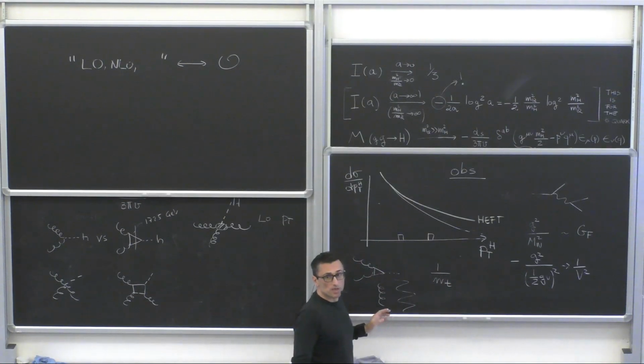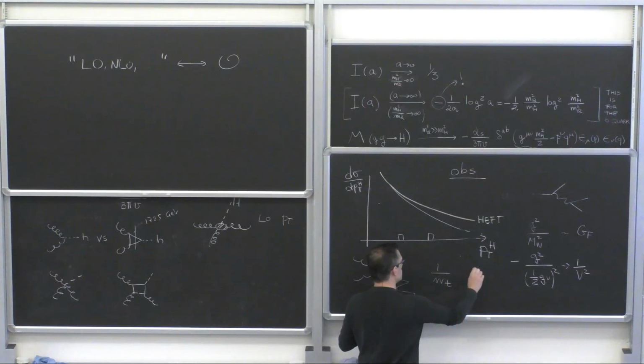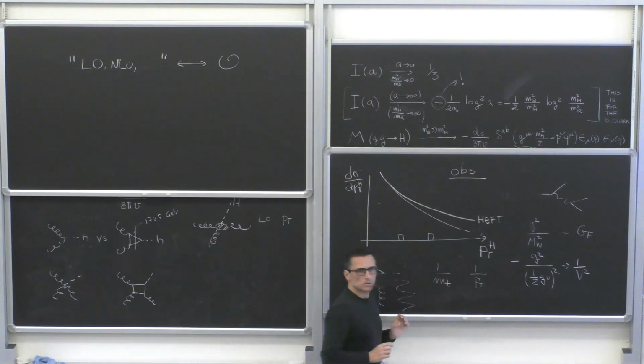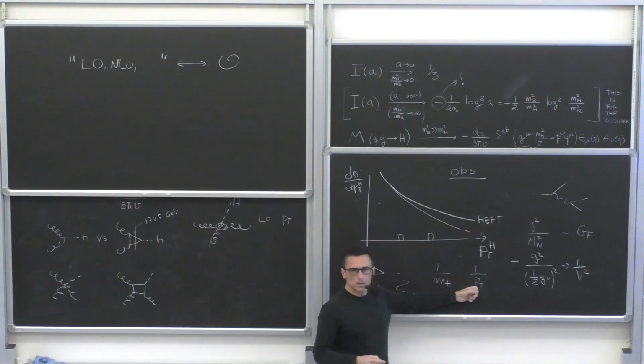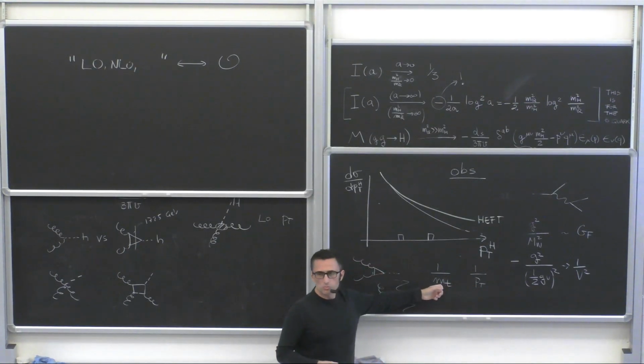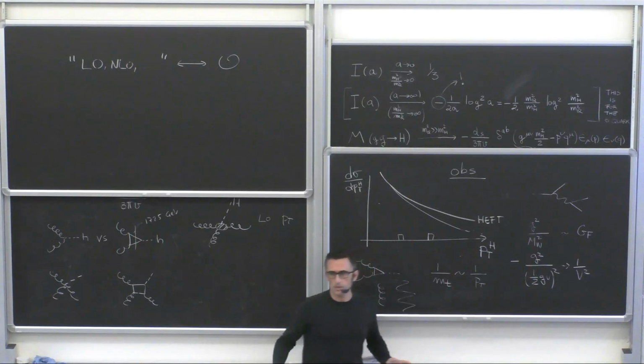And what is the wavelength of the gluon? The wavelength of the gluon is 1 over the pt of the gluon. De Broglie, lambda equals h over p. So the wavelength of the gluon is 1 over pt, and the size of the loop is 1 over mt. So you will see the loop when these scales are similar.